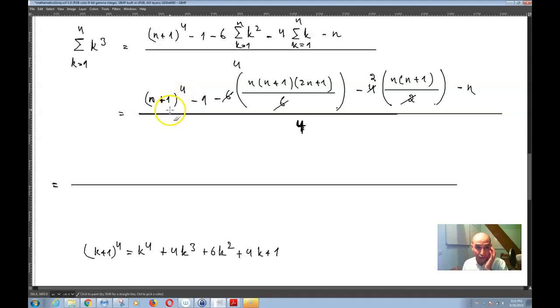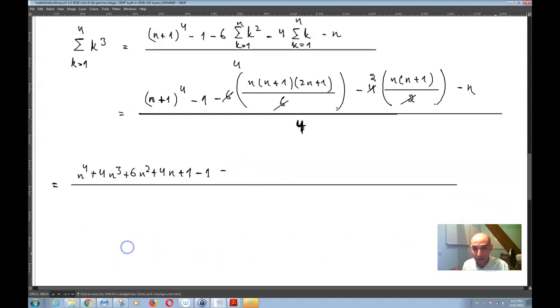So I can write the same thing over here, but then I have to substitute these k's with n because the variable has changed here. So I have to write n raised to the power 4 plus 4 times n cubed plus 6 times n squared plus 4 times n plus 1, minus 1. And then I have negative over here.